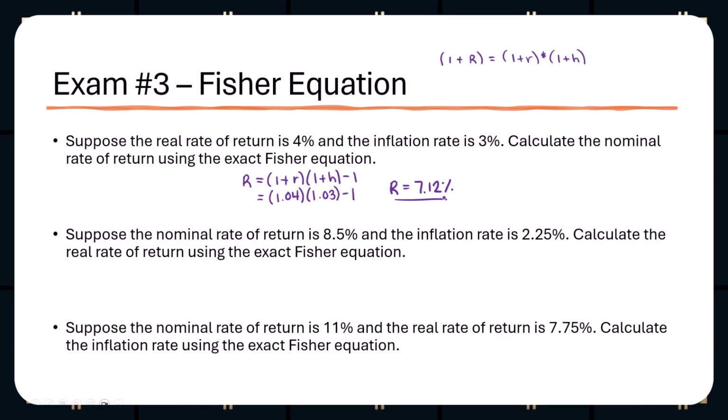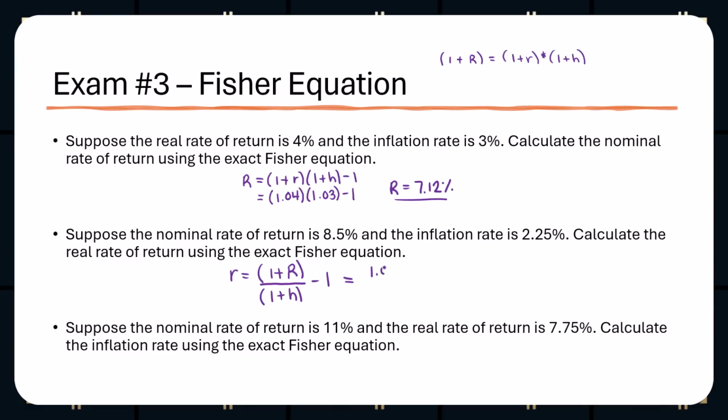Suppose the nominal rate of return is 8.5% and the inflation rate is 2.25%. Calculate the real rate of return using the exact Fisher equation. Once again, we will rearrange the formula. The numerator of this equation will be 1 plus the nominal. We will divide by 1 plus inflation, and then we will simply subtract 1.